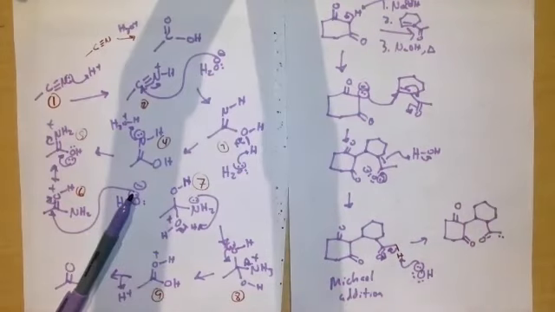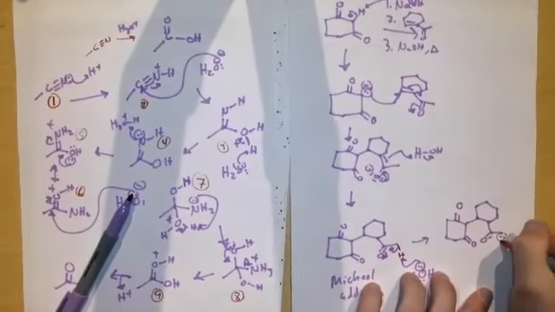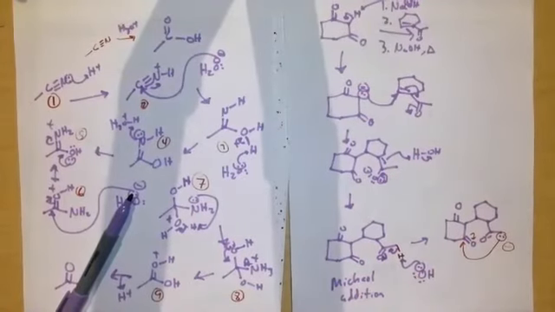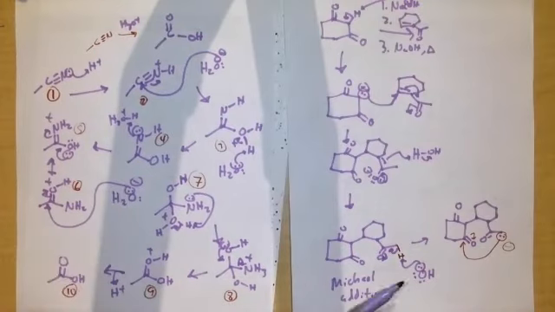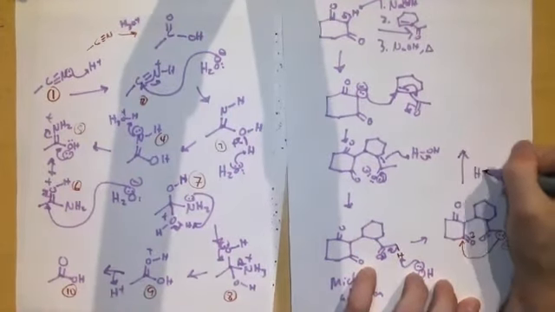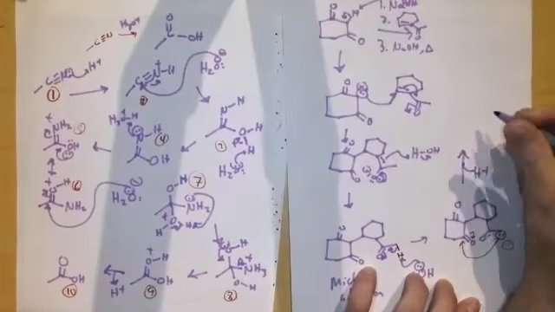Our negative charge can attack this ketone, which will pick up an H from the water we just made. This is going to look a lot like our final product, just with an alcohol still.